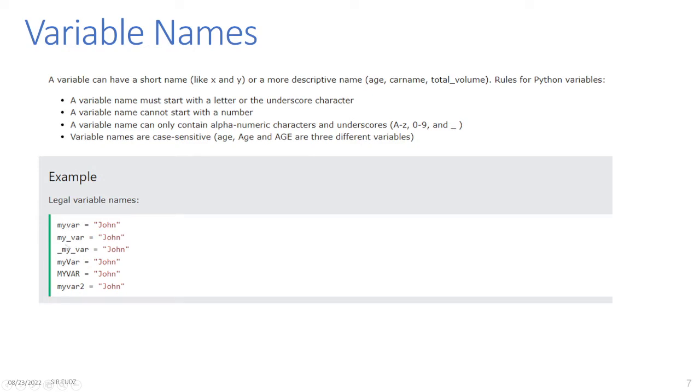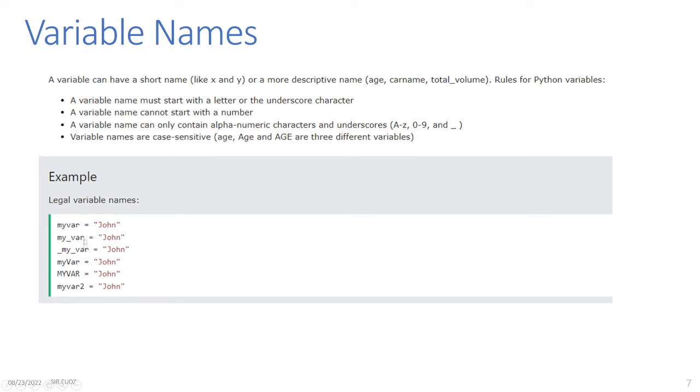A variable name can only contain alphanumeric characters and underscores: A to Z, 0 to 9, and underscore. These are the only characters that we can use in our variable name. Variable names are case sensitive, so age, Age and AGE are three different variables.